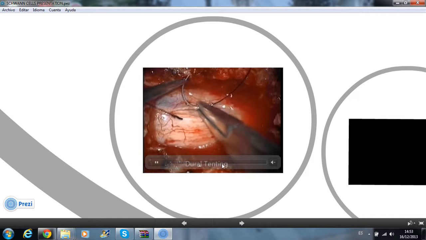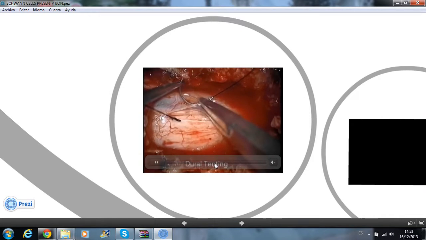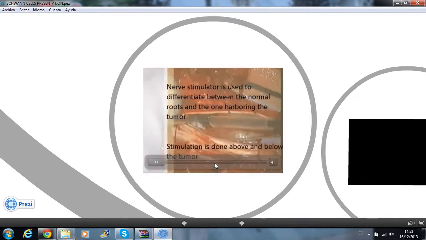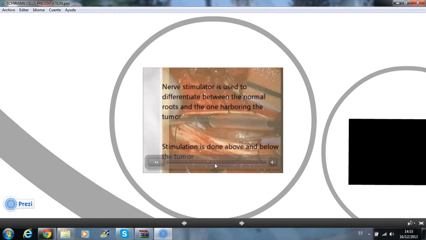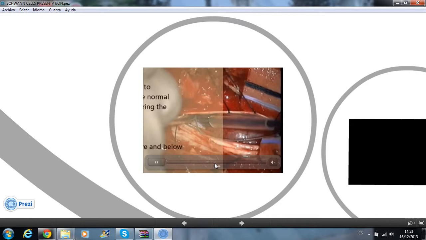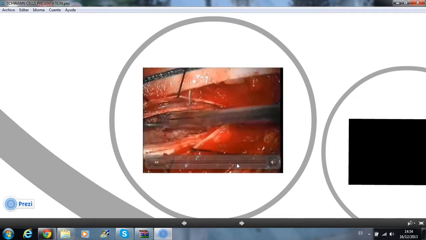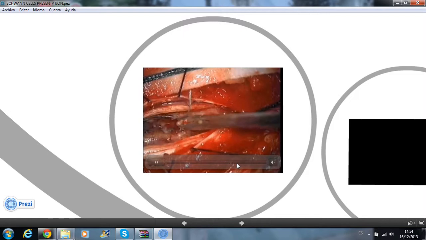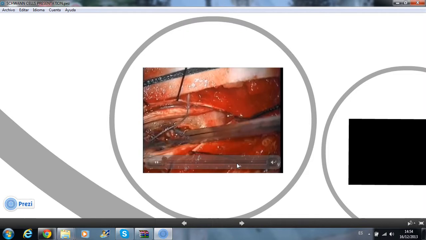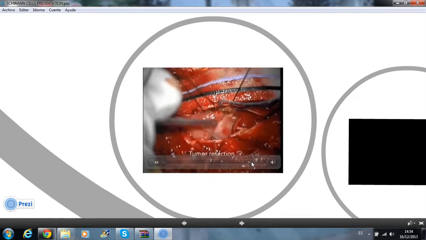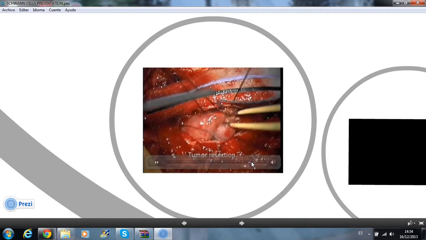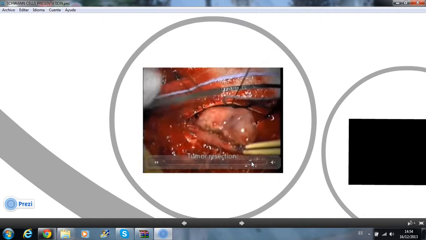So here we can see a section of that tumor. Also, we can see that the stimulation is done above and below the tumor because it has taken out all that mass. Also, we can see how they open the structures of the head and how they take out the little pieces of the tumor, of that cancerous mass.